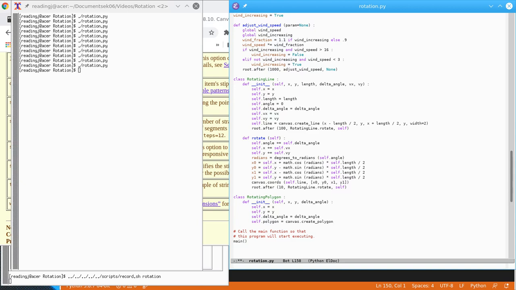So what are we going to try and do? Let's try and do a hexagon, six-sided shape, right?